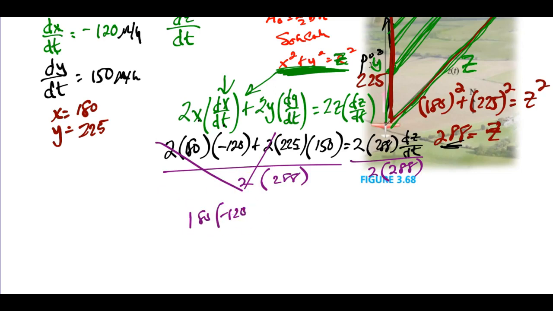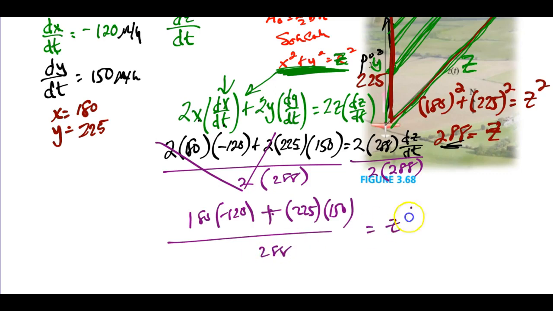I would probably just grab my calculator at this point in time. My pen stopped working, so sorry. 150. So now we're down to number crunching. Crunch that thing and go find dz/dt, and I think it turns out to be close to negative 192 miles per hour.